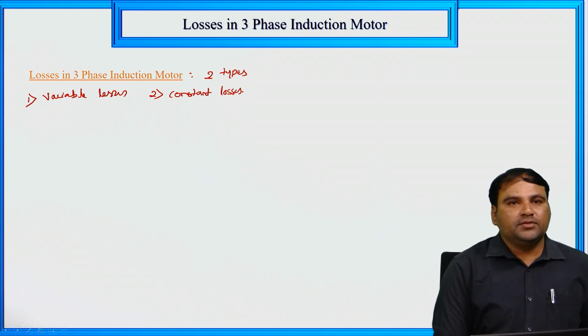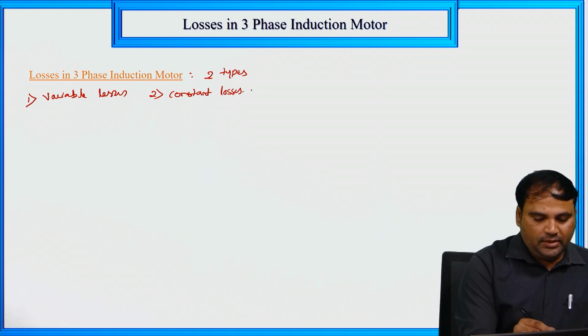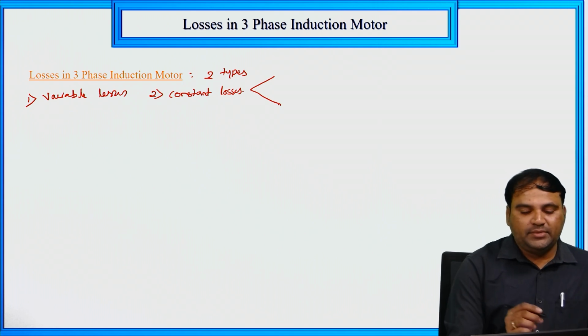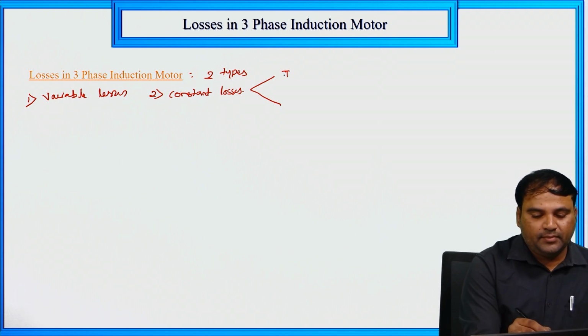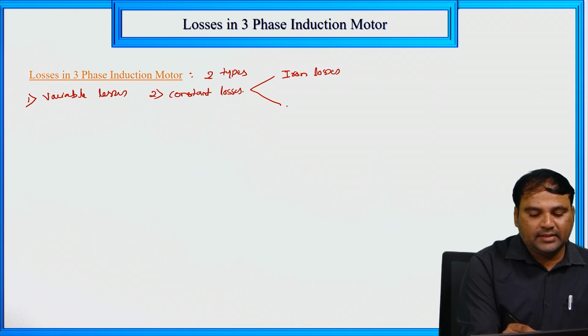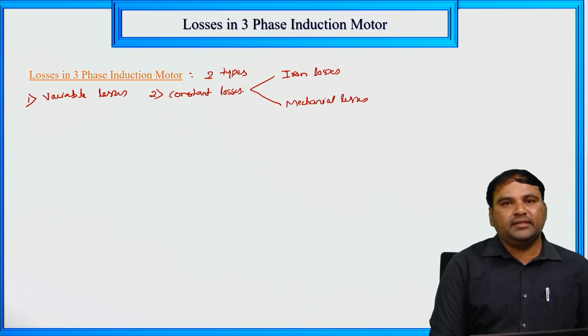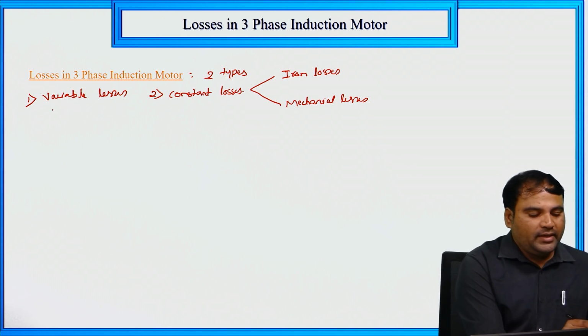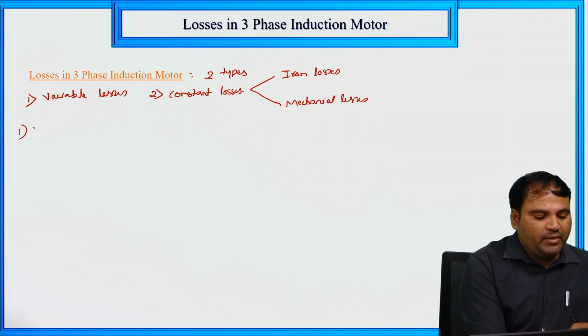The constant losses are classified into two types: the first one is iron losses and the second one is mechanical losses. So these are the losses in a three-phase induction motor. We'll discuss them one by one. The first one is variable losses.